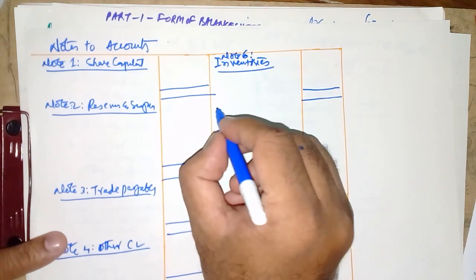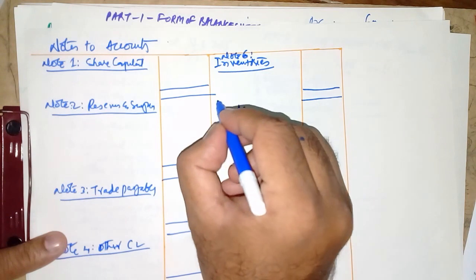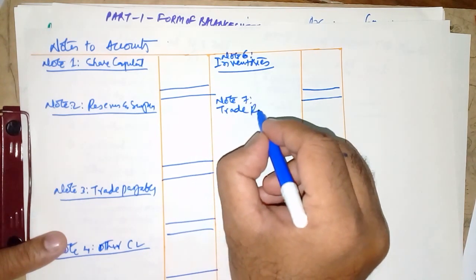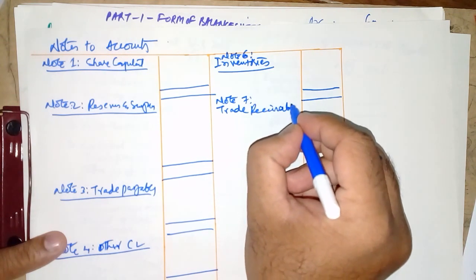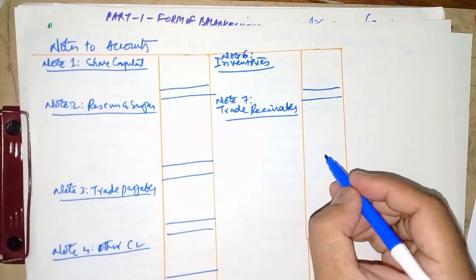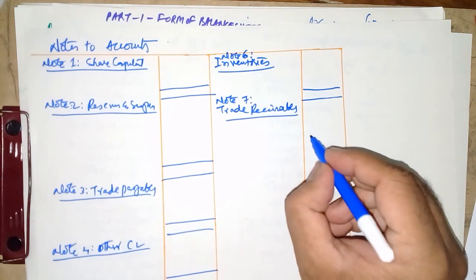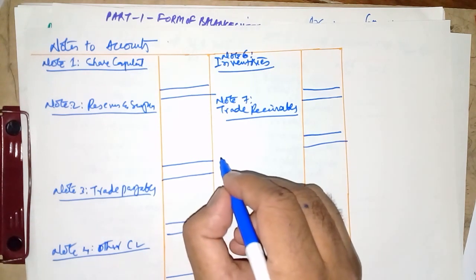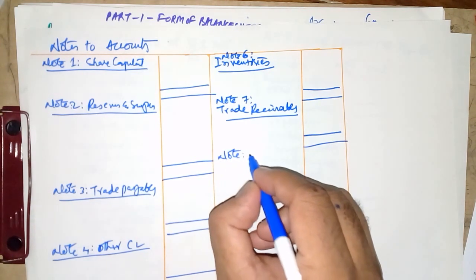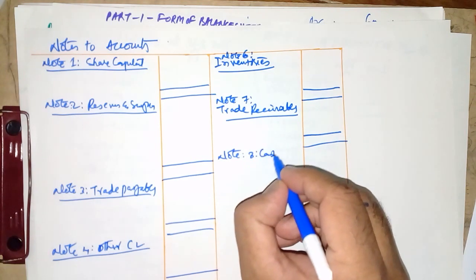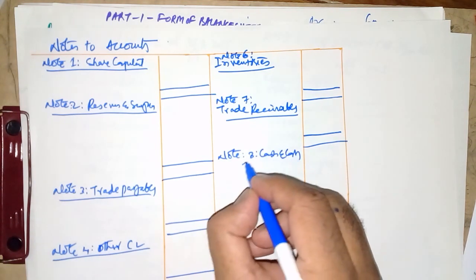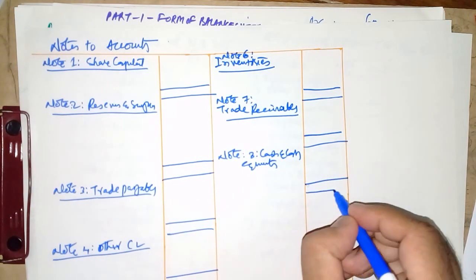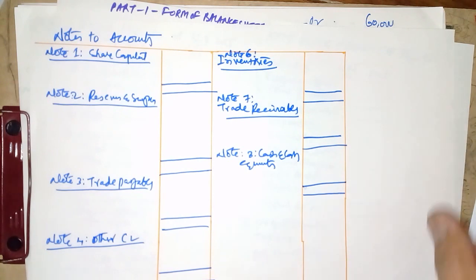Then we have trade receivable, so note number 7, trade receivables, right? Then note number 8, cash and cash equivalents, right?